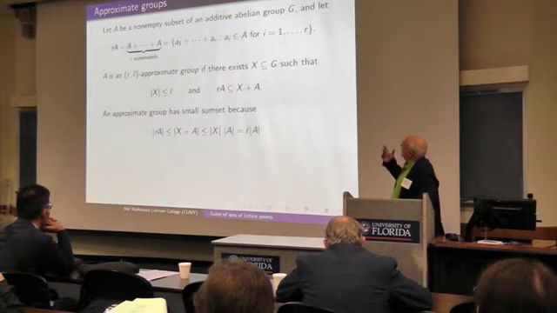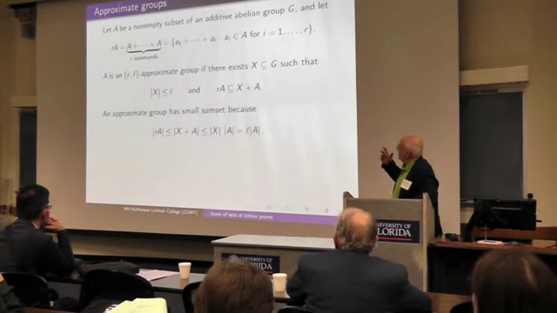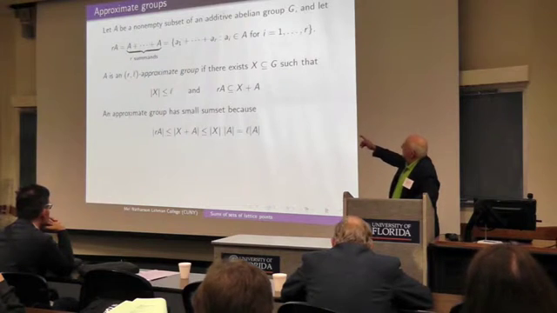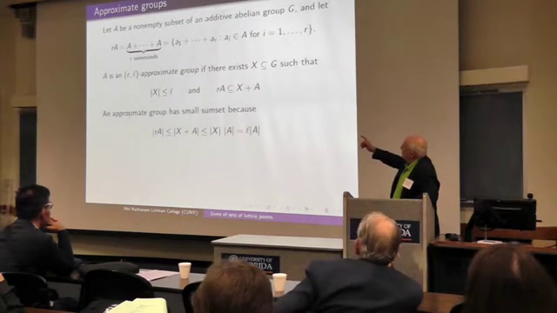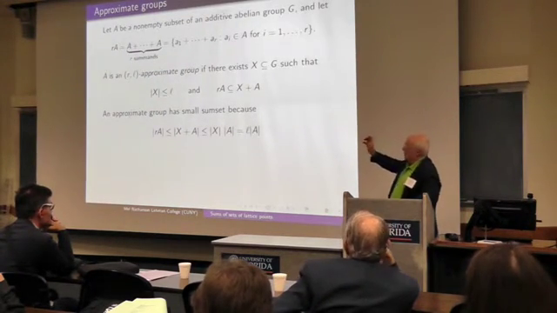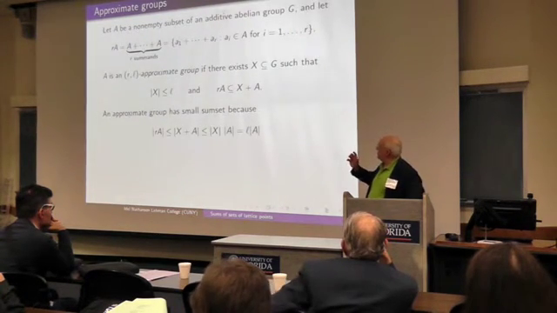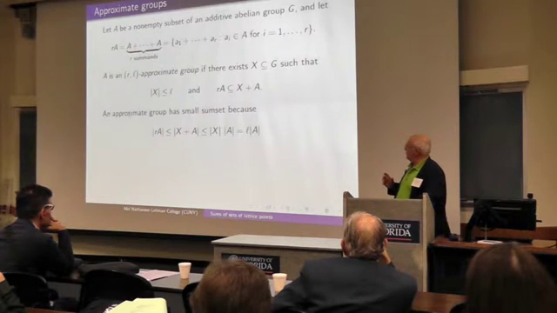So you have a set A, and you call it an R-L approximate group. I should just have let R equal 2. But it means that the R-fold sum set is contained in X plus A, where X is a small set, L elements. X plus A really means L translates of the set A. So the sum set is contained in a small number of translates.